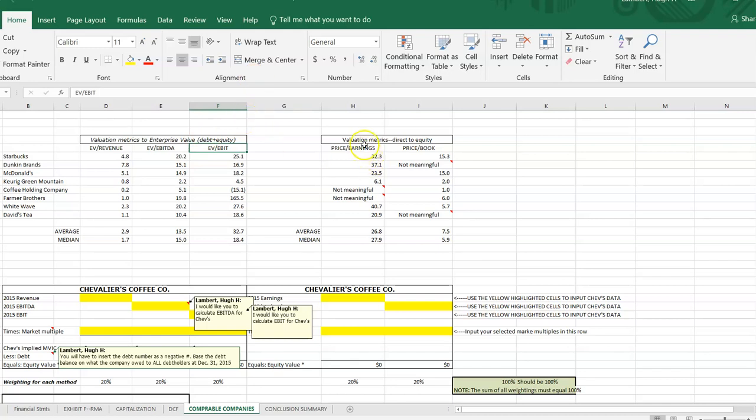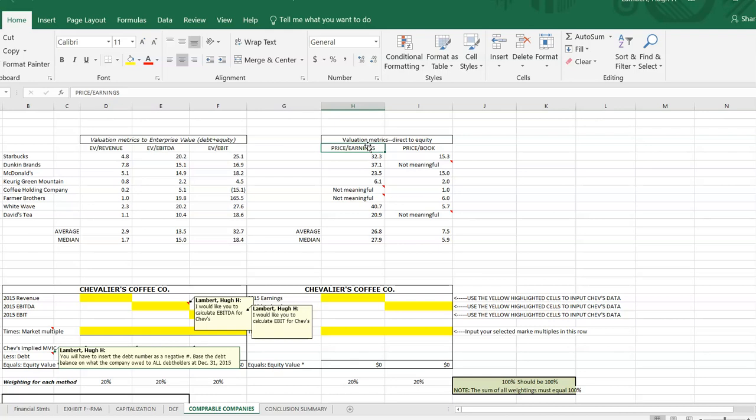Over on this other part of the spreadsheet, we have valuation metrics that are direct to equity. So when we talk about the PE ratio, and that's what this column H is, price to earnings, the P is the price of the company's common stock, to E, the earnings of the company's common stock. And usually, if you look at a financial website, P to E is the price per share of a company's common stock to the earnings per share.